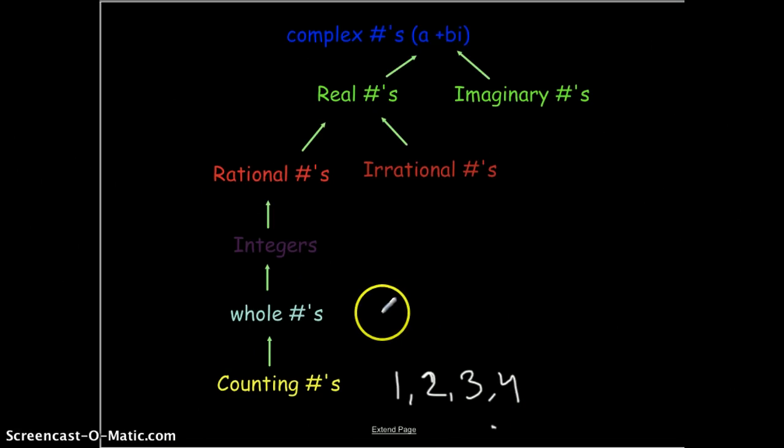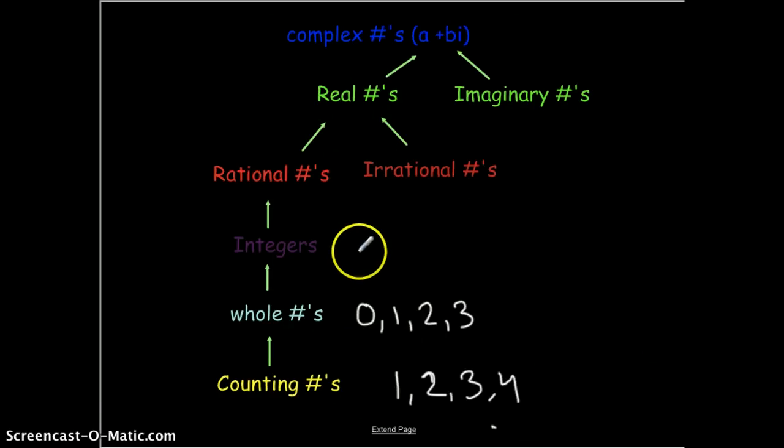Then whole numbers came in, and the only difference between counting numbers and whole numbers is 0. 0 was not a concept in history until they decided to throw in a 0, but that was a whole new concept.